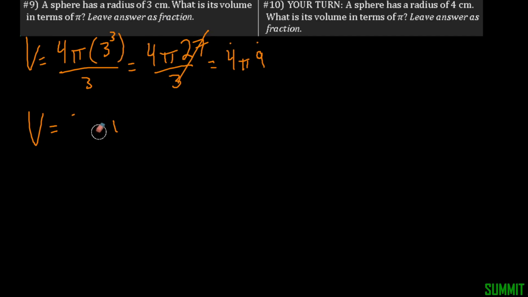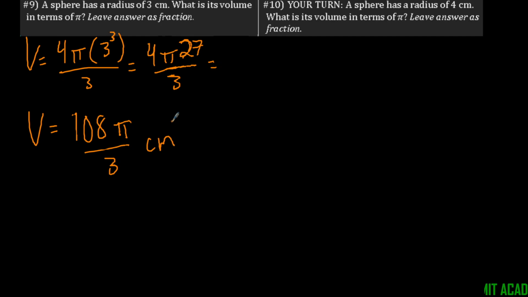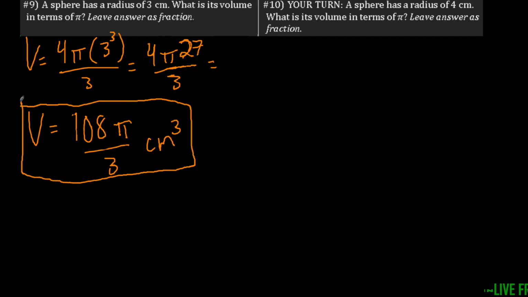Let's leave that as a fraction. So 27 over 3. So I can multiply these two out. So all together, it's going to be 108 times pi divided by 3 times centimeters cubed. So that's going to be your volume for that one.